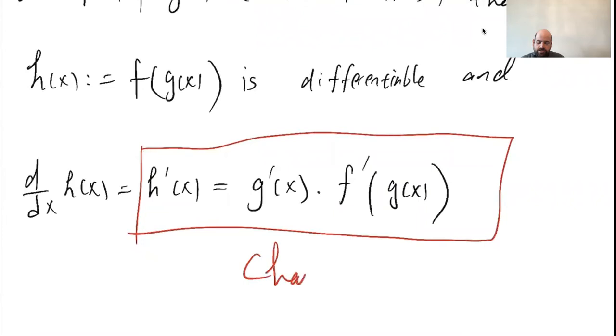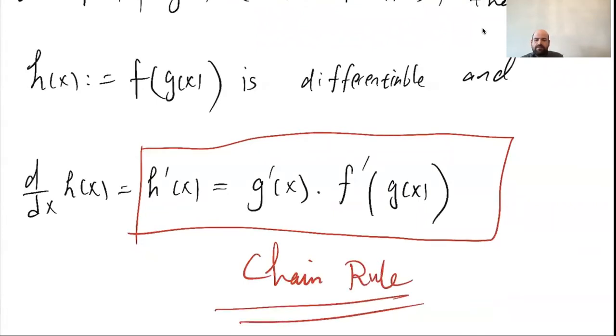So this is the chain rule. The derivative of f of g of x is g prime of x times f prime of g of x.